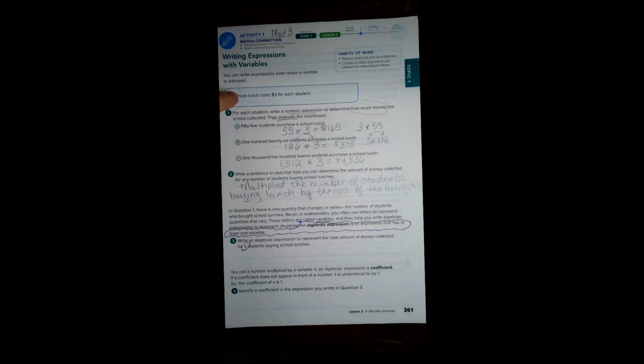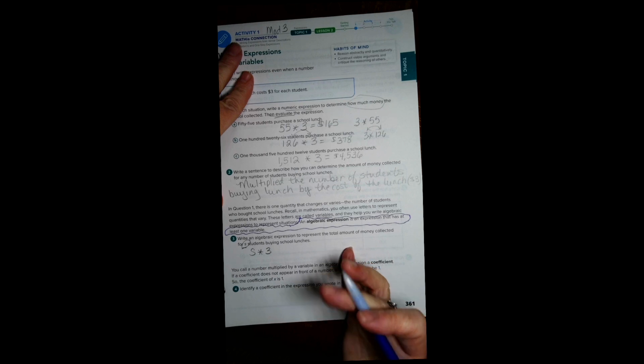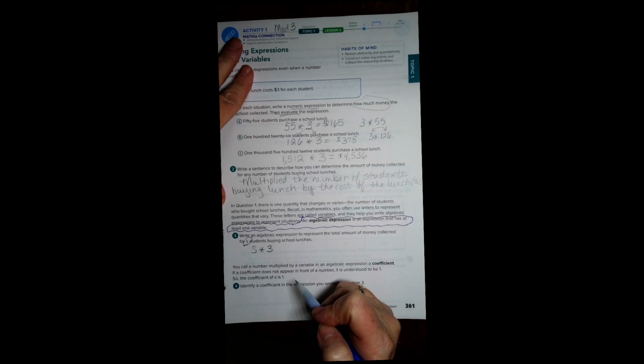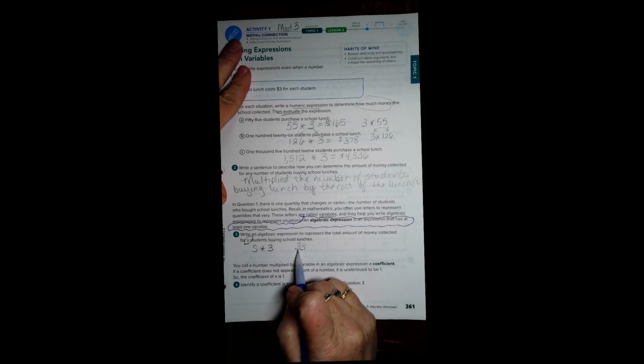Okay, so it tells us to use S. So what did we do each time? We took S and we multiplied it by 3. The way that you'll see this written in mathematics is the number first, followed by the variable. So 3 times the number of students. Remember, when a number and a variable sit side by side, it means multiply.